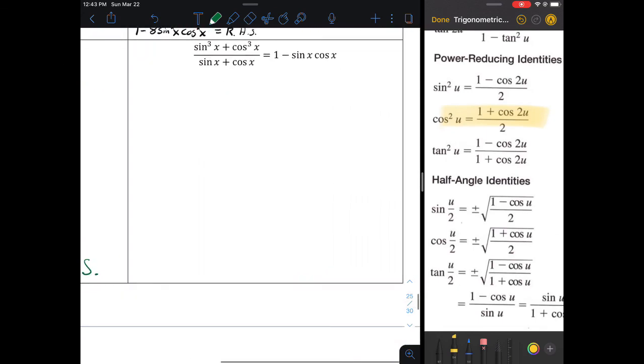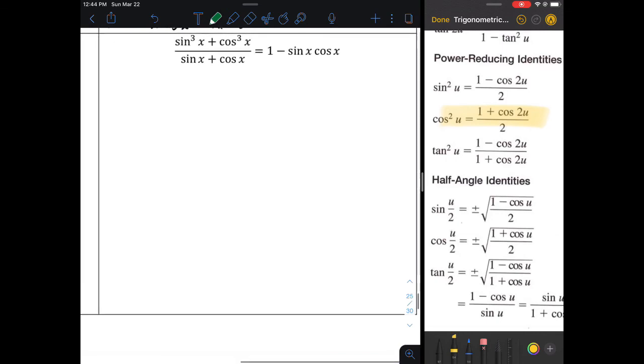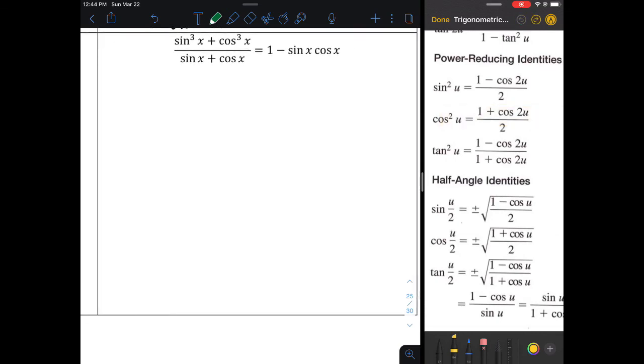Okay, last one here. Sine cubed x plus cosine cubed x divided by sine x plus cosine x has got to make 1 minus sine x cosine x. And I try to think about how to proceed. Well, I'm going to have to do something here with this numerator, because I don't see exponents of 3 anywhere on the right-hand side.